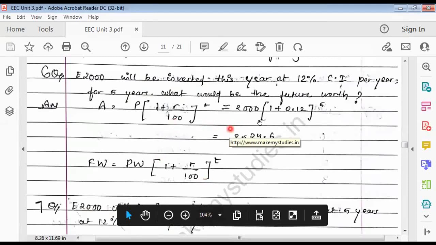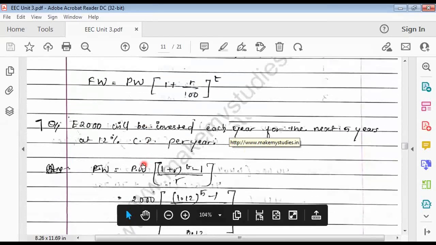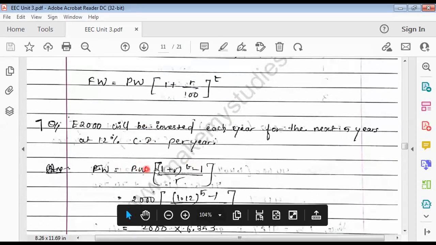So remember that this formula should be used in case you want to find out the future growth of a single amount, and this formula should be used in case you want to find out the future growth of an annuity. What is an annuity?